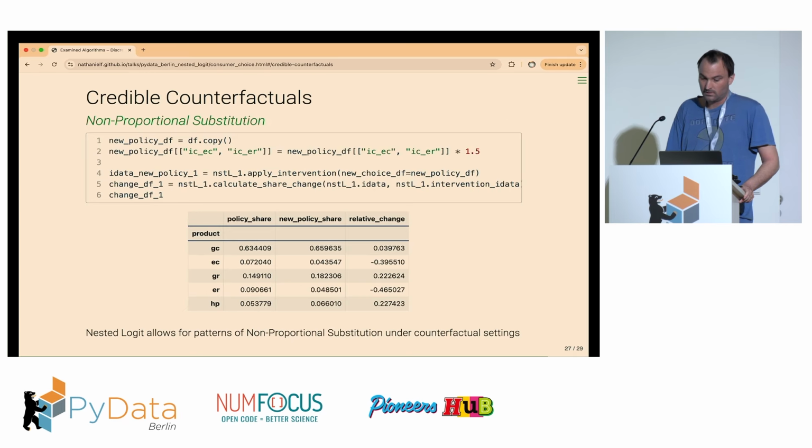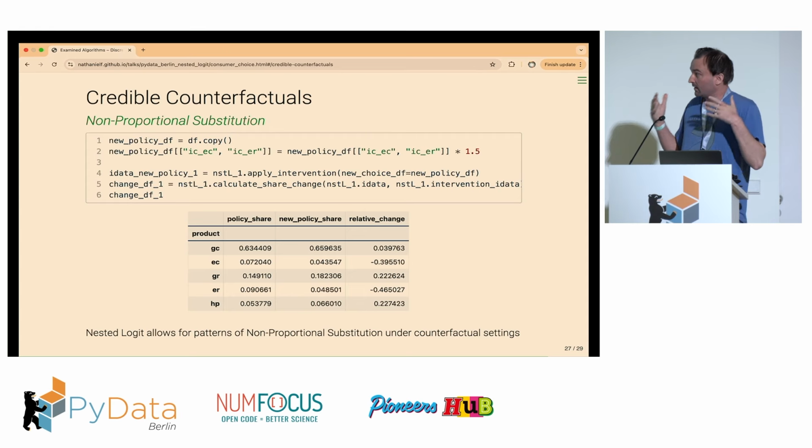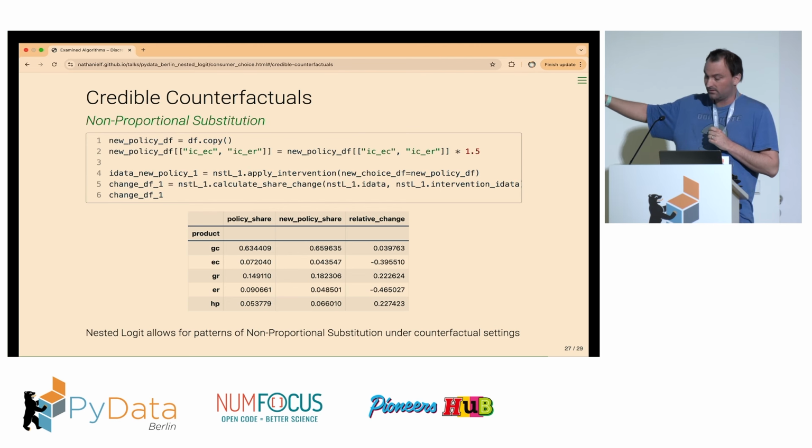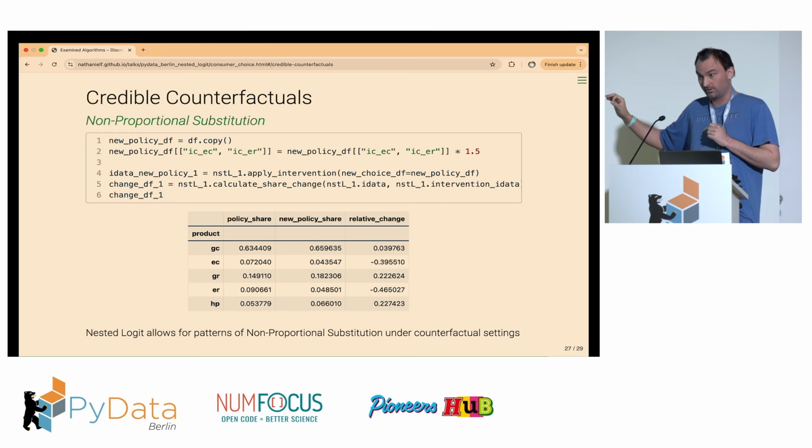Good. So the problem that I advertised before, the multinomial problem around sustaining plausible counterfactuals, can be solved with this nested logit because it imposes a different structure on the utilities and the comparison among those goods. What you see here is the same plot as I showed before, but what I mainly want to call out is that the relative change amongst those goods is now not exactly proportional at 8% for each of the goods.